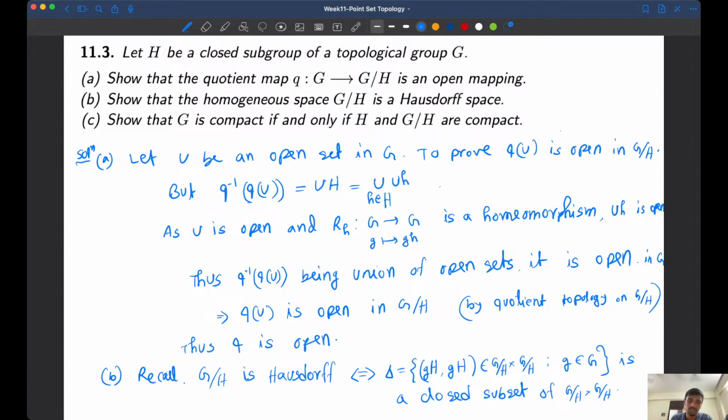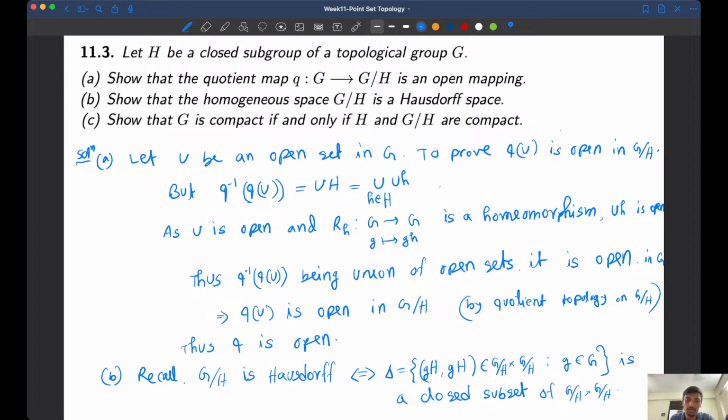Once you have distinct points here, by Hausdorffness you have two distinct neighborhoods that separate those two. If you consider the product of those two open sets, it is open in G mod H cross G mod H, and it is properly contained inside this delta complement. So that implies the complement is an open set, hence delta is a closed set.